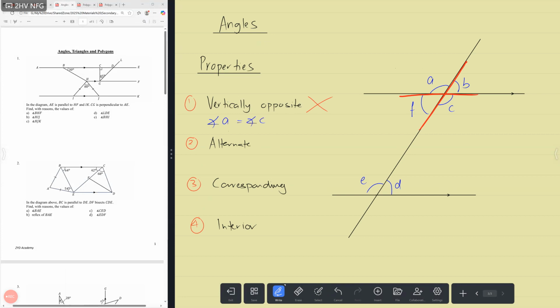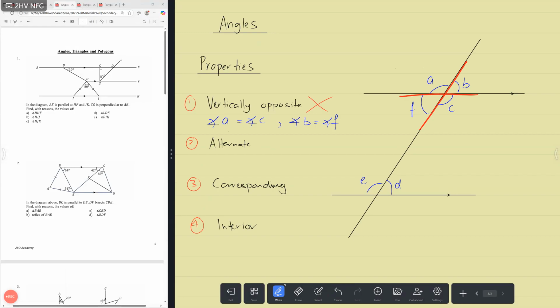Therefore, angle A equals angle C, and also angle B is equal to angle F. Why are they equal? Because they are vertically opposite angles. So look for two straight lines that cross each other, and you will get your vertically opposite angles.